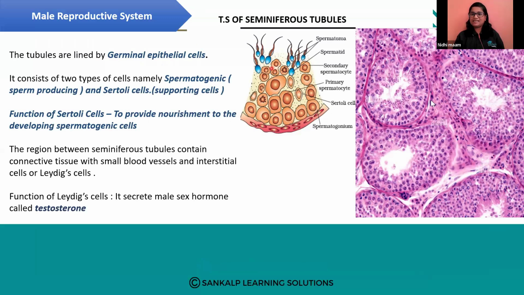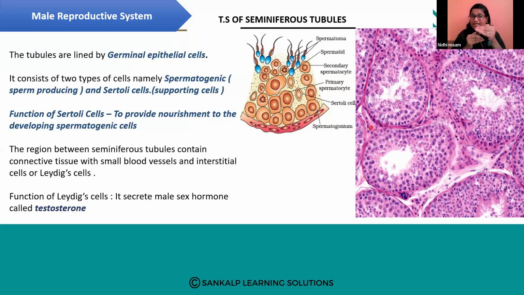Then there are the Leydig cells. This is a microscopic picture of the seminiferous tubule. This is one seminiferous tubule. In between seminiferous tubules, you can find cells. These cells are called Leydig cells. Leydig cells are not present inside the seminiferous tubule.